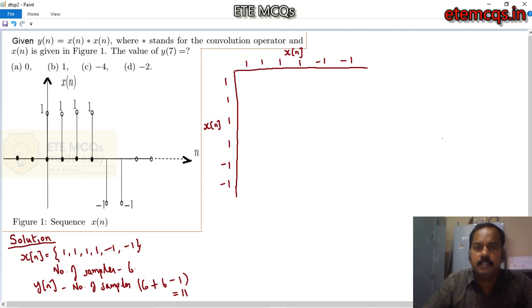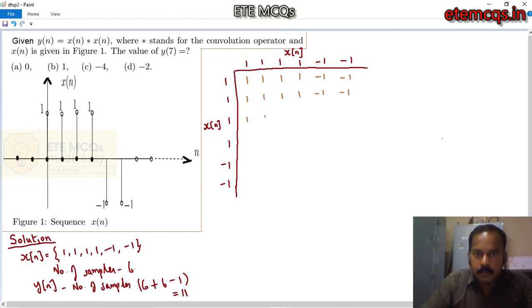Now let us perform a one-to-one multiplication. While performing the multiplication, we get 1 into 1 is 1, 1, 1, 1, -1 and -1. Here again 1, 1, 1, 1, -1, -1.